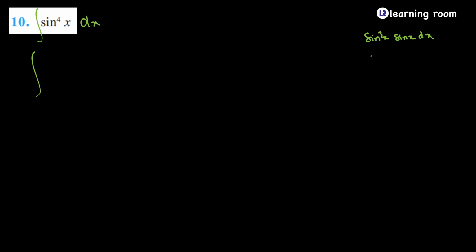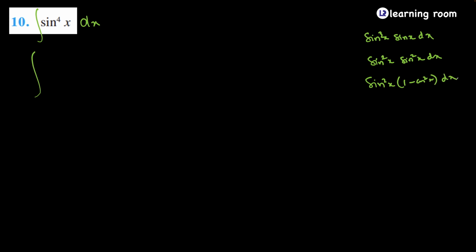I want to take it as sine square x the whole square, meaning sine square x into sine square x dx. Is that what you're saying? Okay, if I take it like this, then what will happen? 1 minus cos square, no? So sine square into 1 minus cos square x dx.